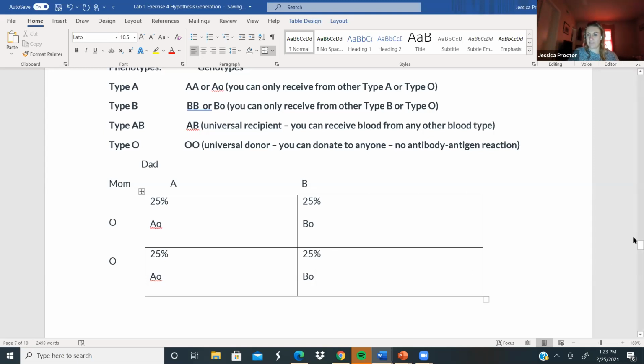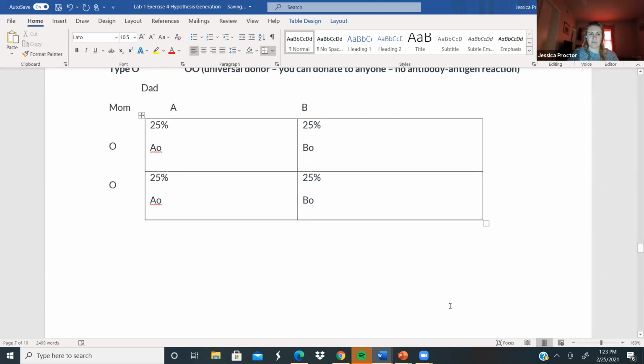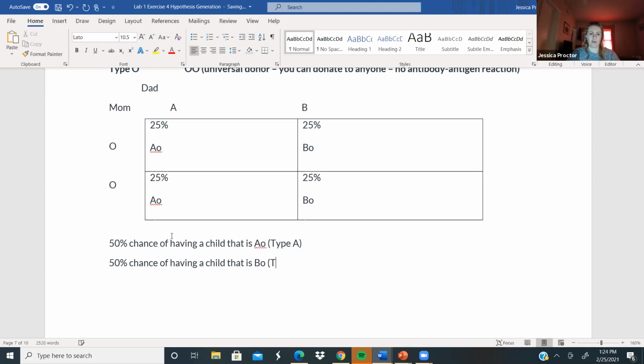Okay, so essentially every single time this mom and this dad produce a child, they have a 50% chance of having a child that is AO, but essentially overall blood type is type A. And they have a 50% chance of having a child that is BO, but essentially overall phenotype is type B. Okay, so it is not possible for this mom and this dad to produce a child that is AB.